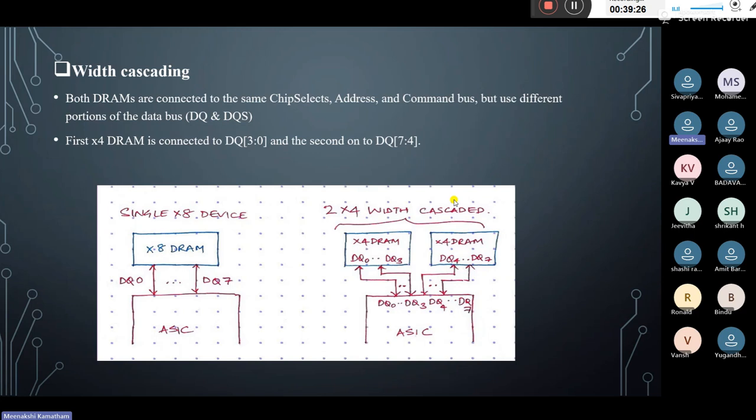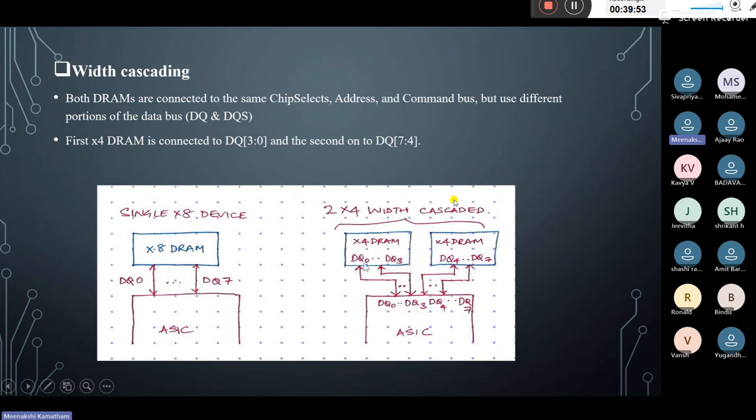And coming to width cascading, here we have DQ0 to DQ7, so x8 DRAMs, for example, in an ASIC. In width cascading we mainly have x4, x8, and x16 DRAMs. These are the different DRAM types. I will give you some clarity when going into that.